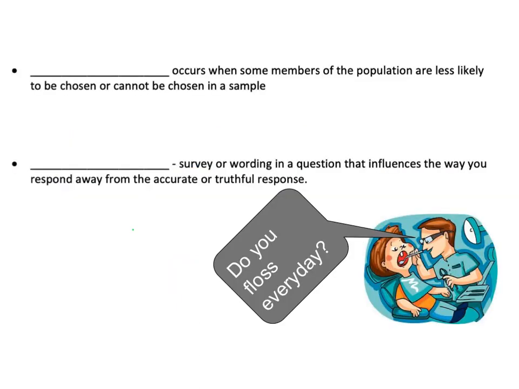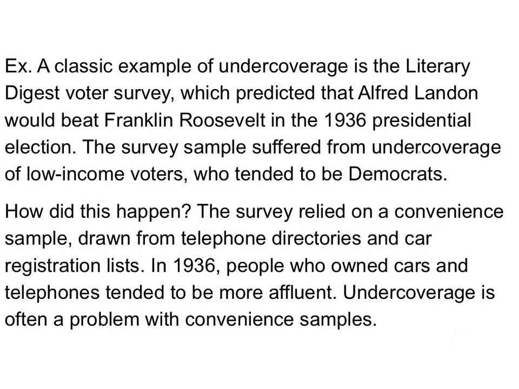The next type of bias is known as undercoverage. This occurs when some members of the population are less likely to be chosen or cannot be chosen in the sample. Again, this was illustrated in the 1936 poll, which predicted that Alfred Landon would beat Franklin Roosevelt in the presidential election.